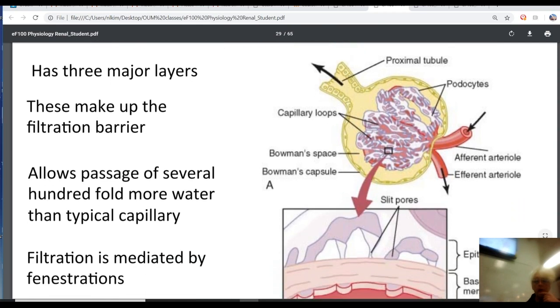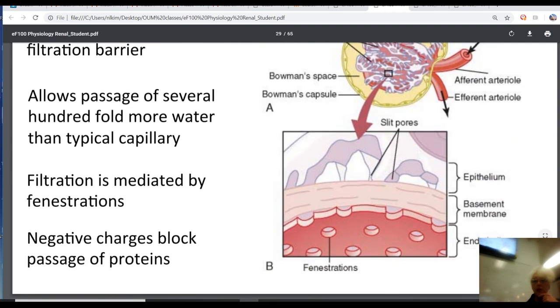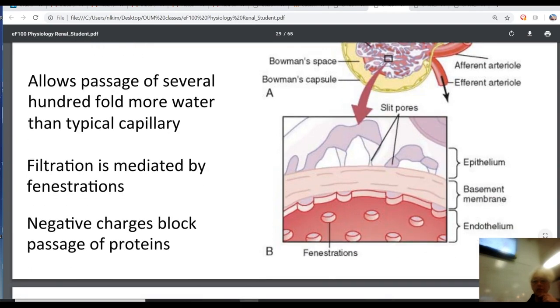Here we go, even closer look. So obviously these pores are small enough to filter water, but too small to allow plasma proteins and glucose.